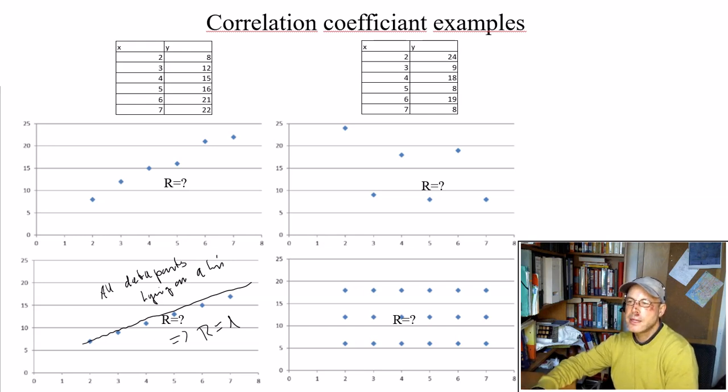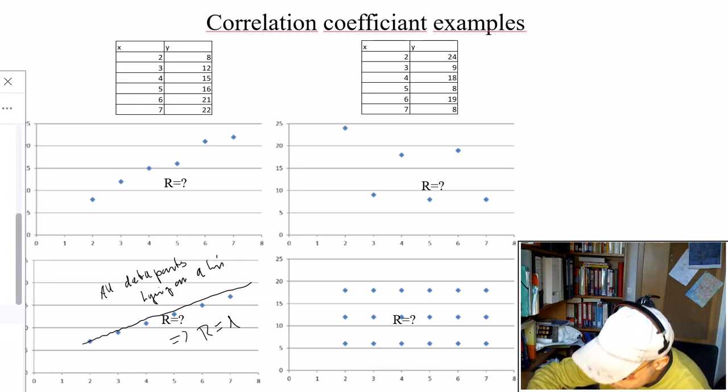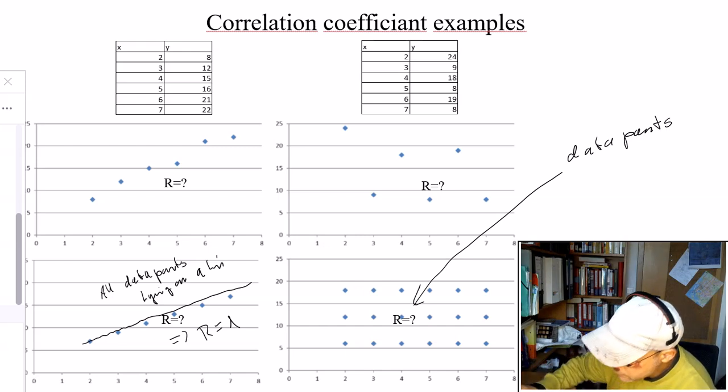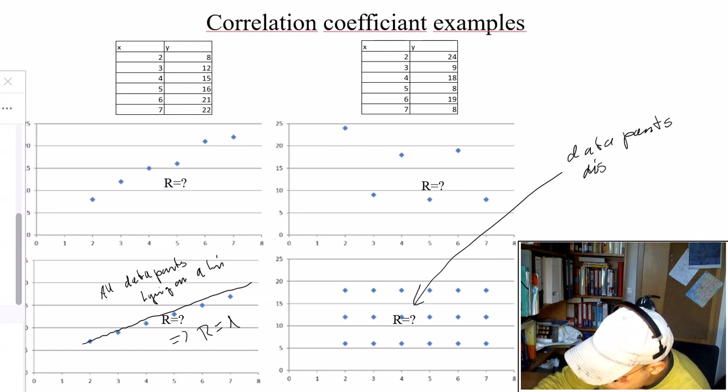And in this case here, again, yes, this would be an R of 0 because the data points are distributed totally symmetric.